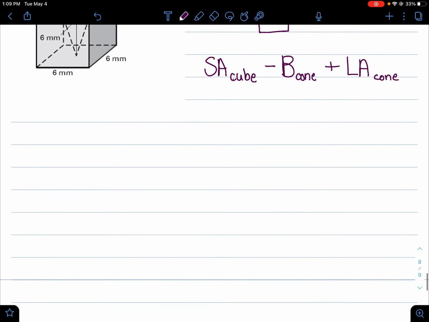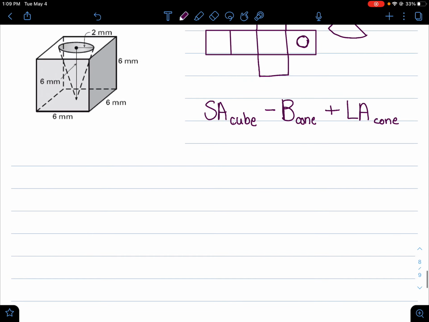So what formulas do we use? For the surface area of a cube, or a prism, what formula do you use? If you said Ph plus 2B, then you are on the right track. Minus the base of the cone. Now, am I going to leave this base of the cone? I'm not.